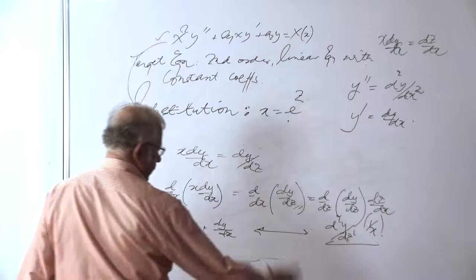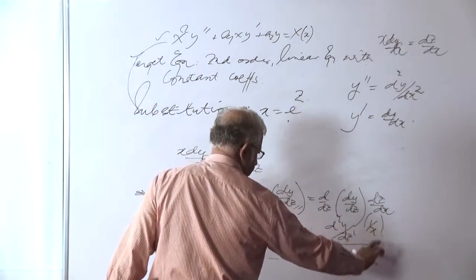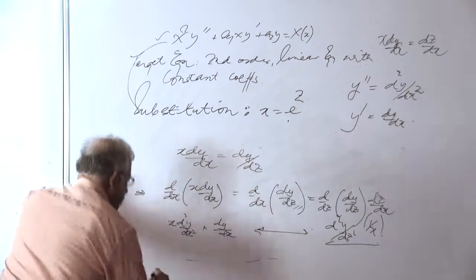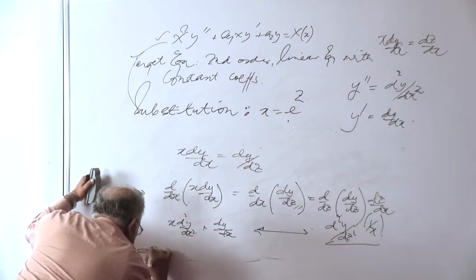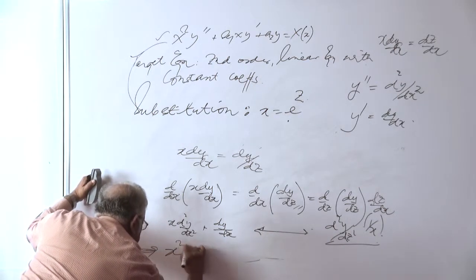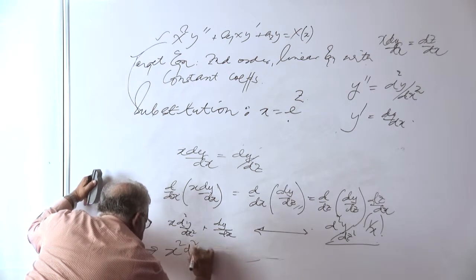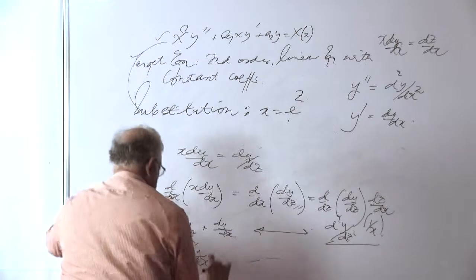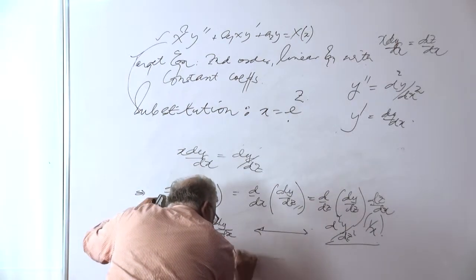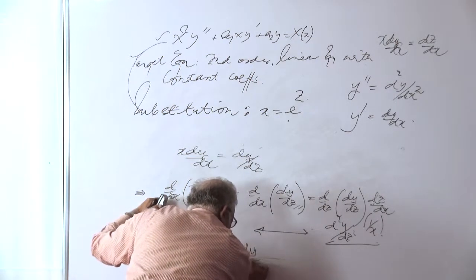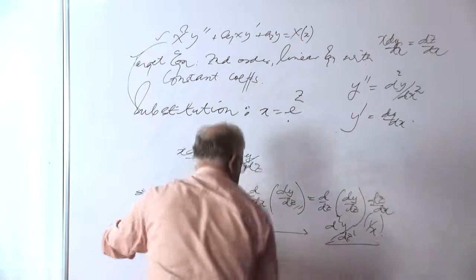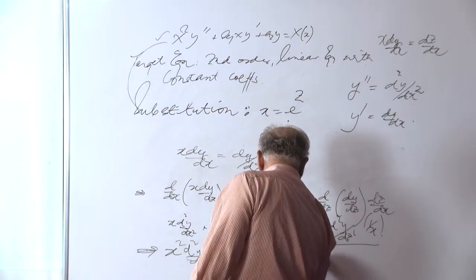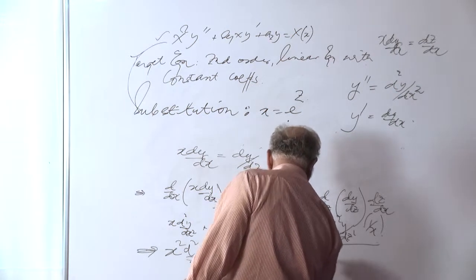Now if we multiply throughout by x, because there is a denominator x here, we convert these to the following: x square d2y dx2 plus x dy dx is equal to d2y dz2.